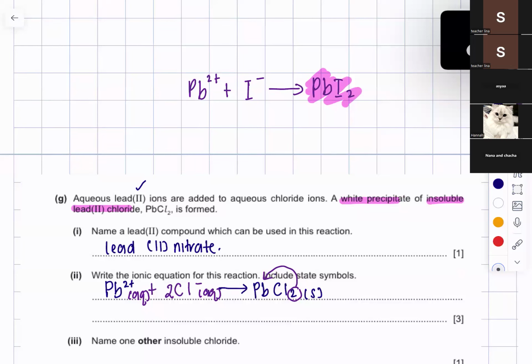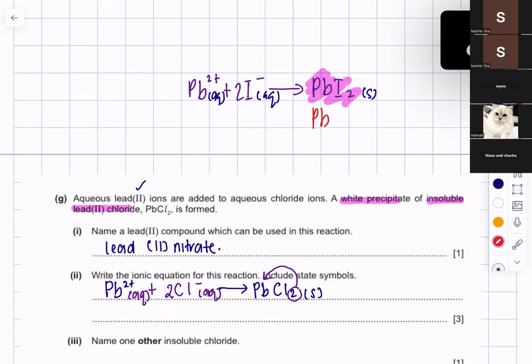So balanced or not? Put the 2 in front of I. Okay. So which one is solid? Which one is solid, Asha? PbI2 is solid. So Pb2+ is aqueous. Okay, is it clear, Asha? Yeah, it's clear.